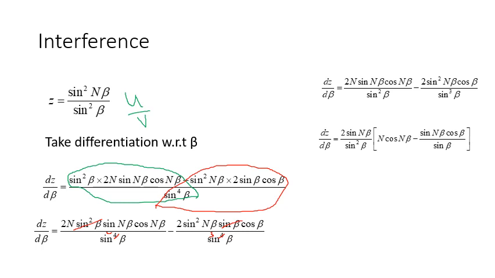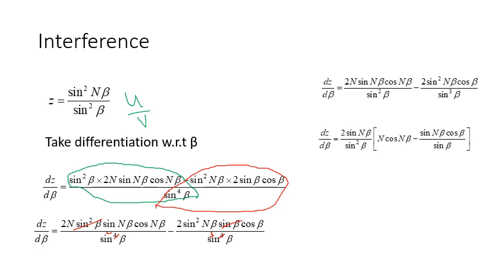Taking the common term outside, remaining we have n cos n beta, and here one sin n beta and cos beta. Similarly, having taken sin square beta outside, we have one sin beta remaining.